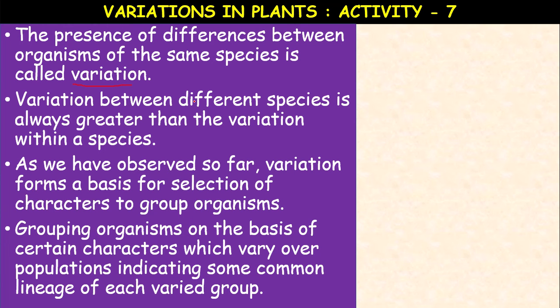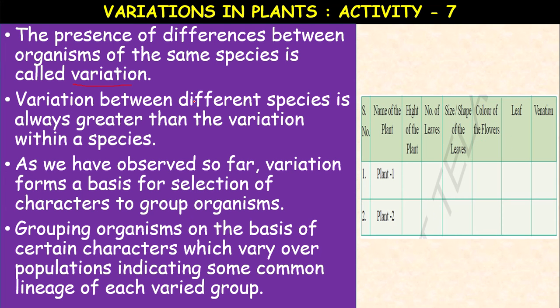Okay, so first observation. After the observation, selection of the characters, then based on the characters you can group the organisms. So once again you can observe the characteristics of the two plants and make a note. Then you can group those two in one category belonging to the neem plants.